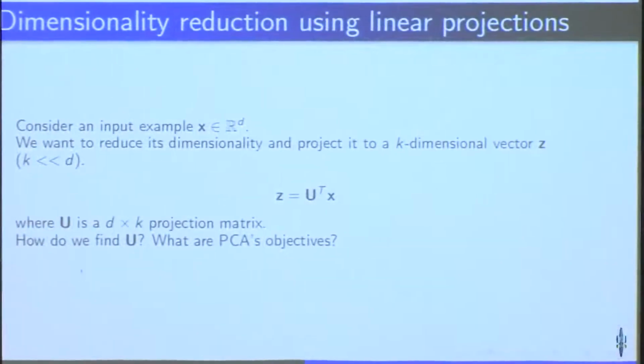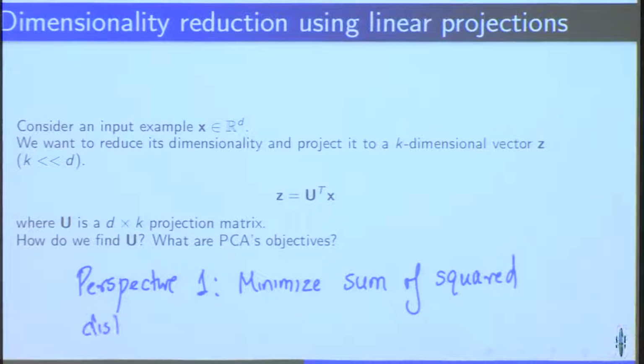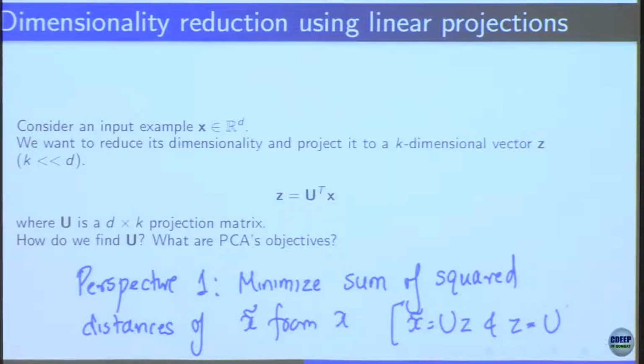Okay, so let's build on perspective 1. Minimize the sum of squared distances of x tilde from x, where x tilde is as expressed here, u z, and z is u transpose x.